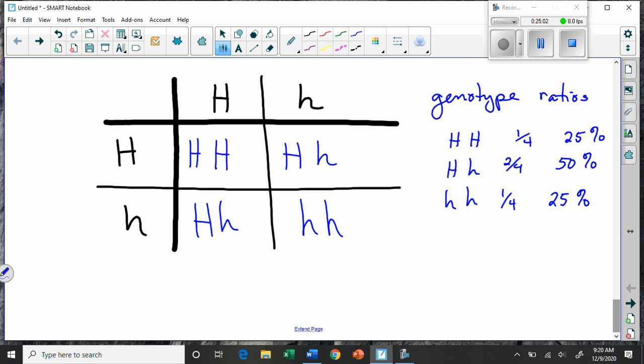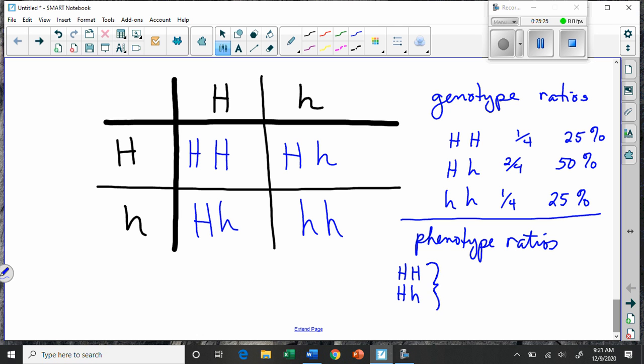And then if you wanted to do the phenotype ratios, just to review, you could look at the different possible phenotypes. So short hair or long hair. Well, HH and Hh both produce short hair, don't they?